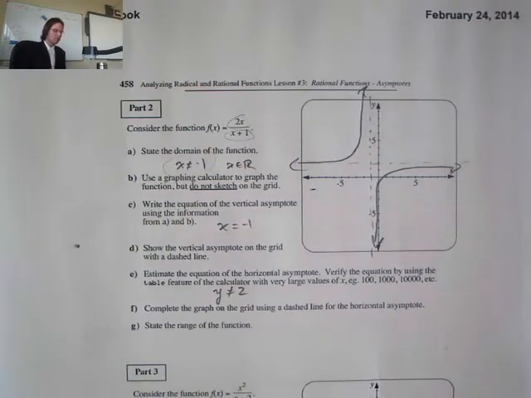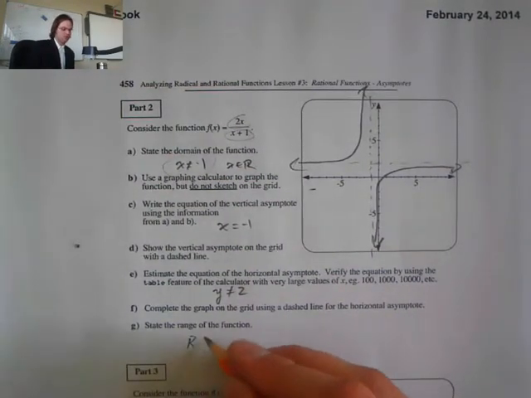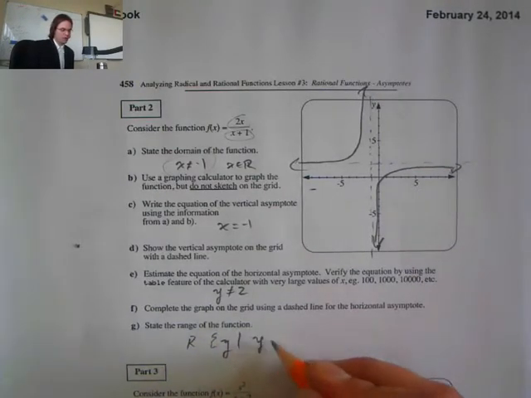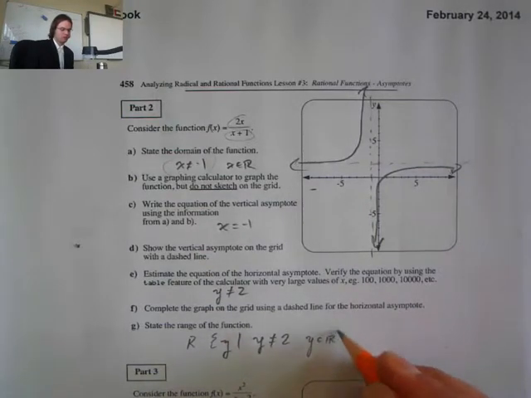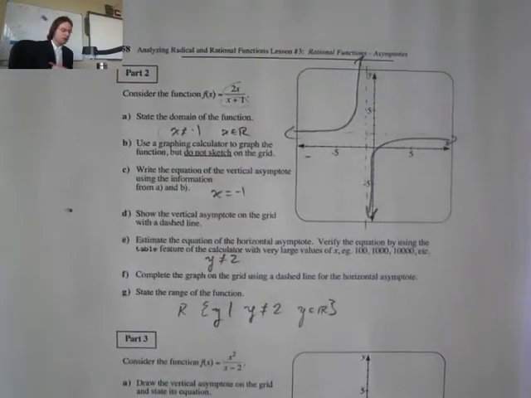Okay? Now state the range of the function. Well, for my range, we're looking at y, and we know that y cannot equal 2. And y is an element of all real numbers. So that's it.